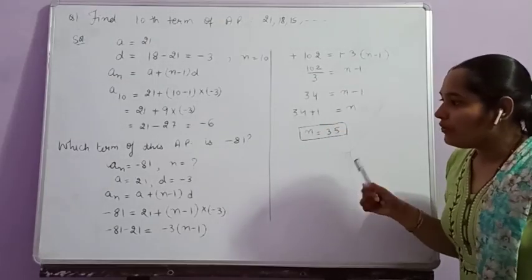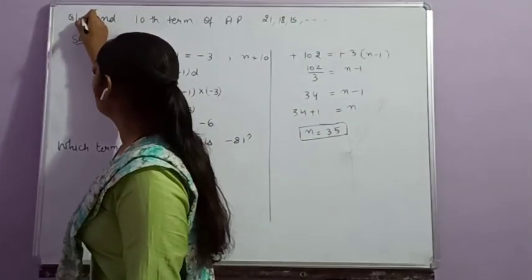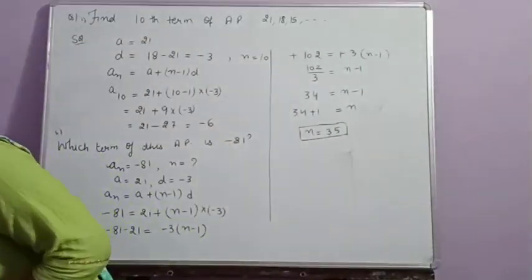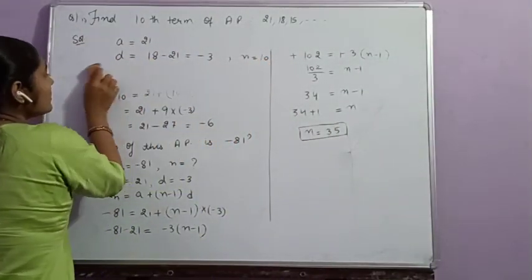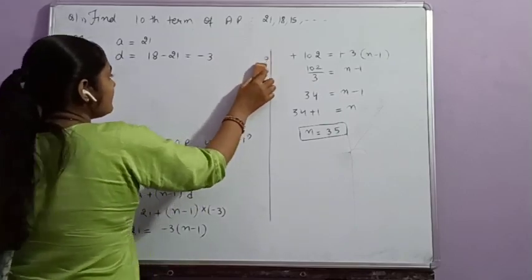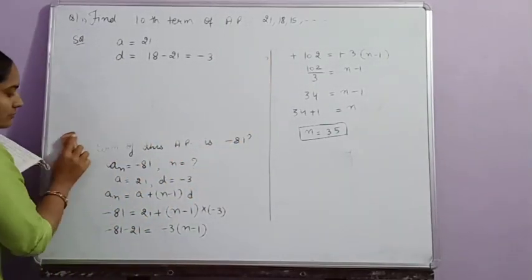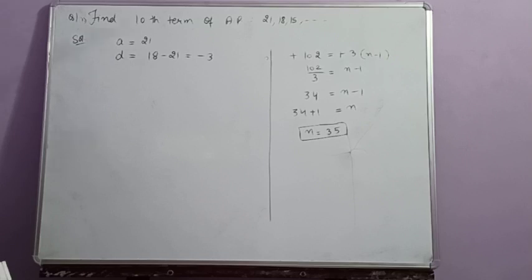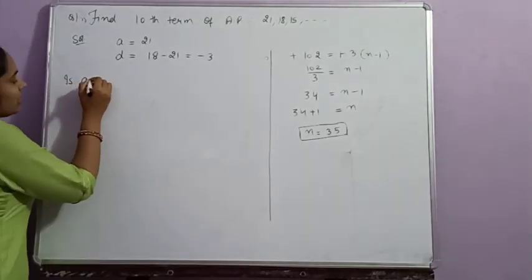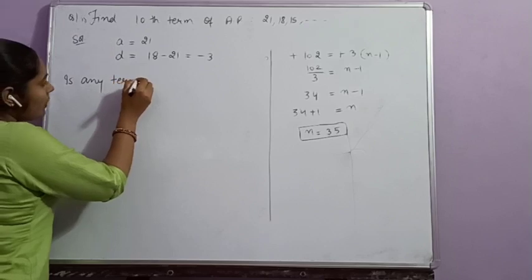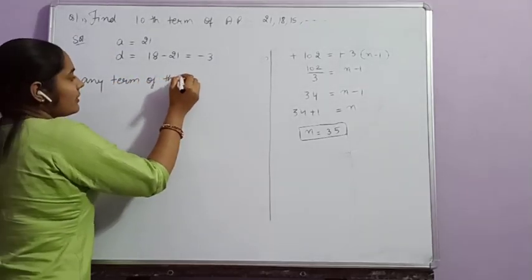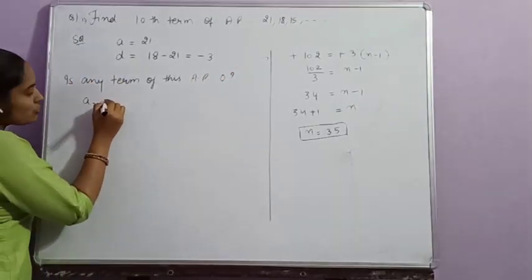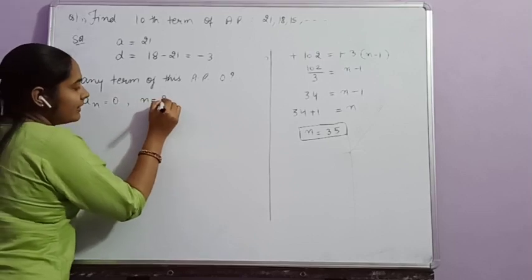Clear? Now we have to check its third part: is 0 any term of this AP? It means an is given, that is equal to 0, and we have to find n. Clear?